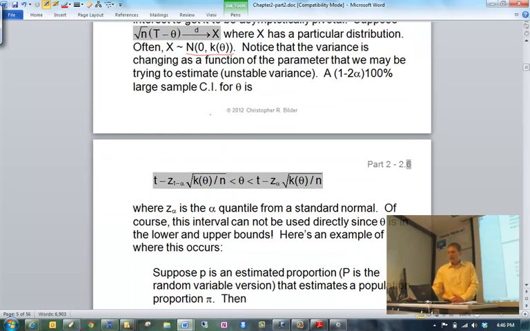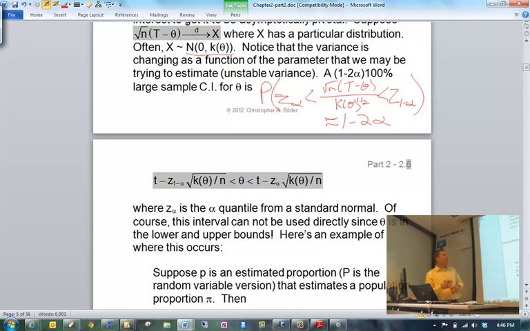So, similar to what we've done before, one could show this quantity here, we can find this probability is about 1 minus 2 times alpha, because we have a normal distribution.